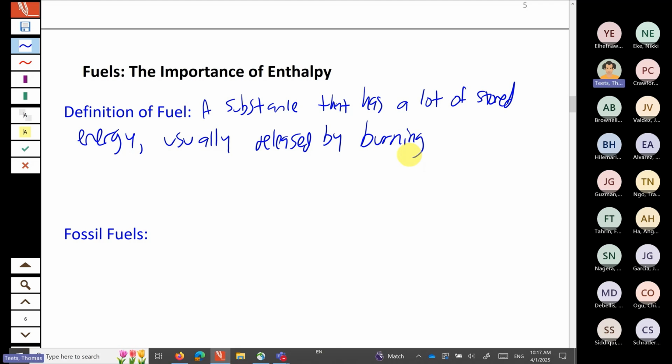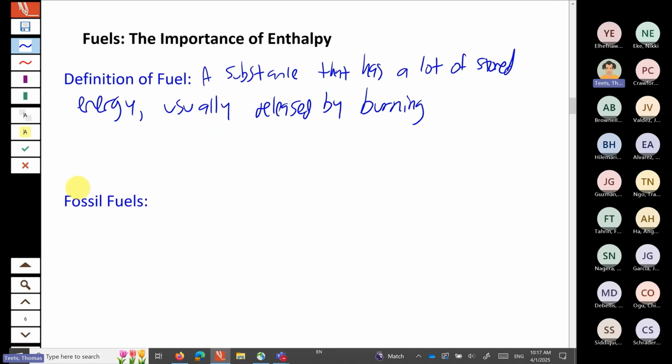And the type of fuel that is predominant in our society over the last 100, 200 years, I would say, is fossil fuels. And so fossil fuels are those that are formed by the decomposition of living organisms over very long time periods.